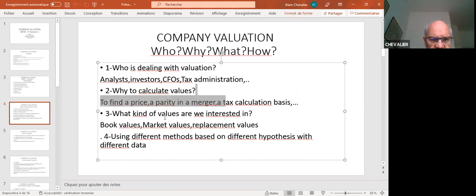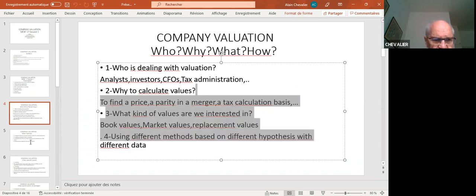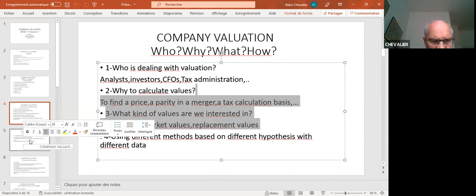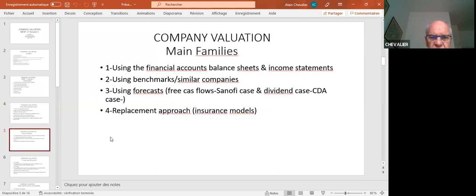So, out of this presentation of the problems we meet, let's have a look at the main families of methods. The first category is based on financial accounts, balance sheets, and income statements.